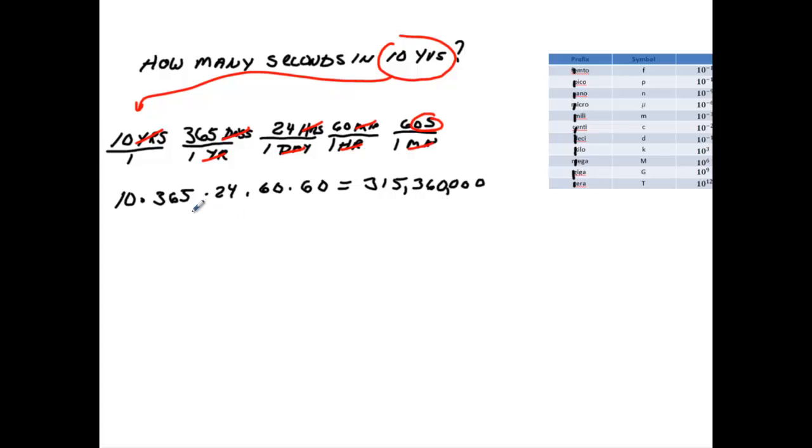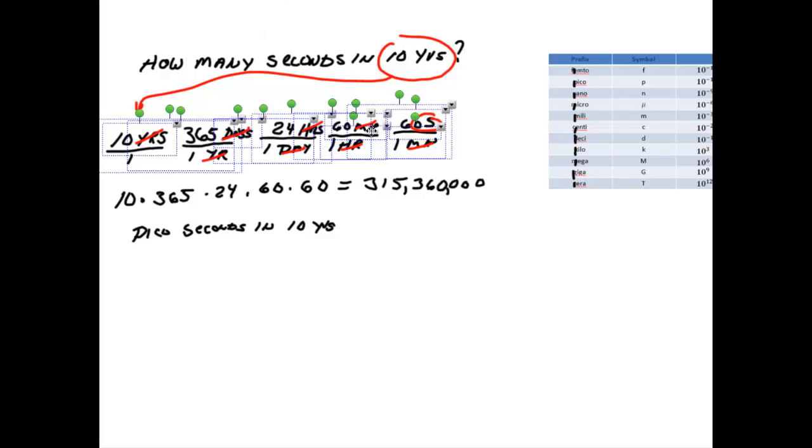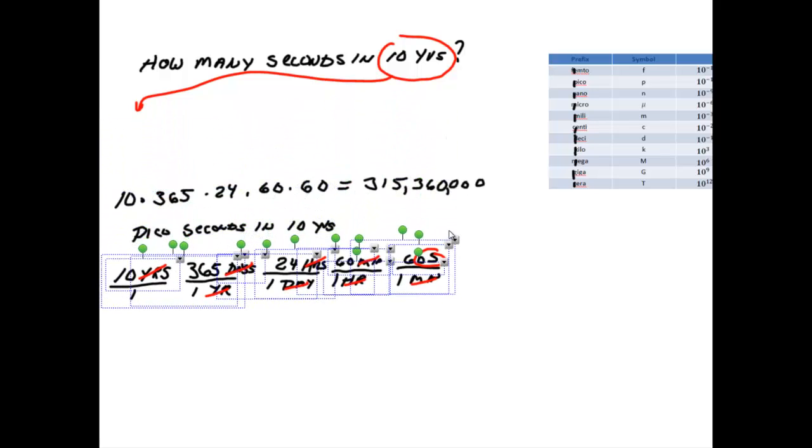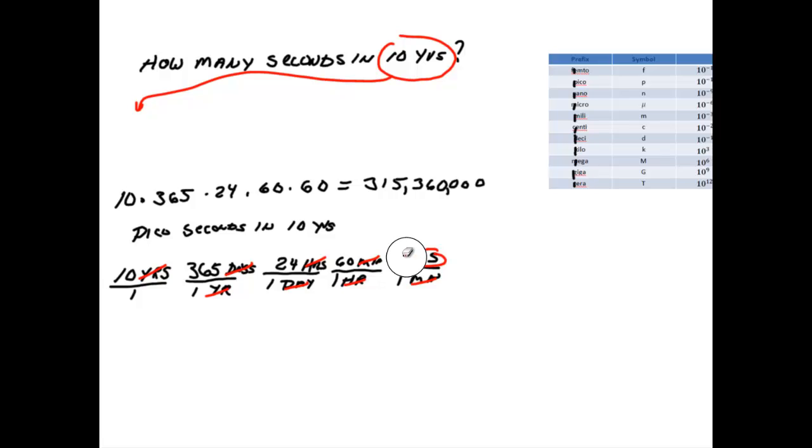Now let's do the same problem, but let's find out how many picoseconds are in 10 years. Let's grab this, save myself a little bit of time, and drag it down here.